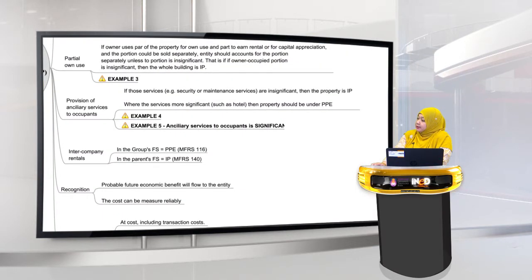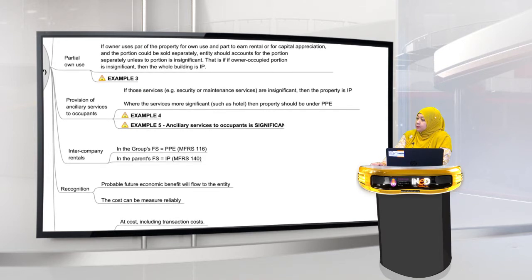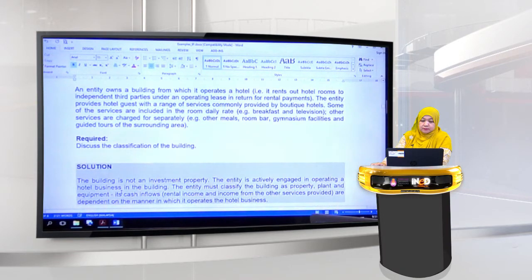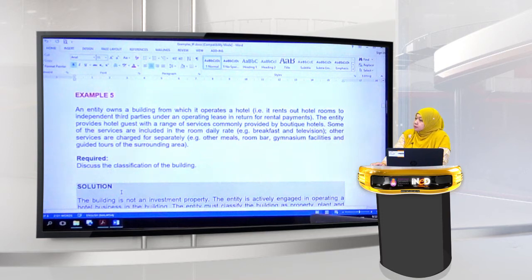Now we look at another example where the ancillary services component is significant. An entity owns a building which it operates, that is, it rents out the hotel rooms to independent parties under an operating lease in return for rental payment.